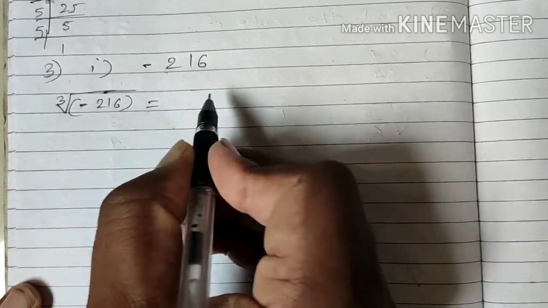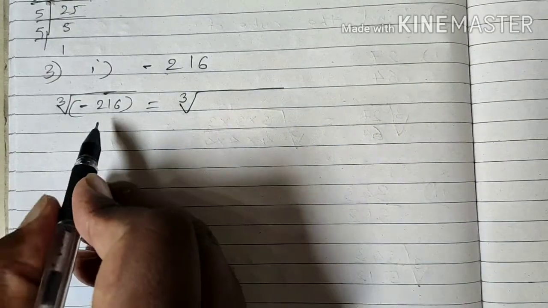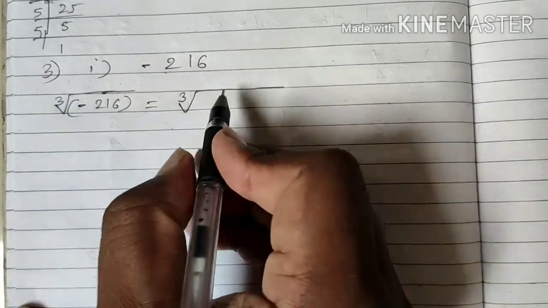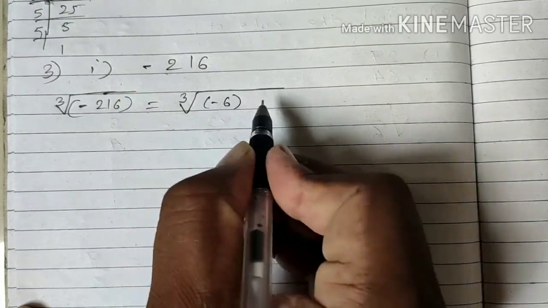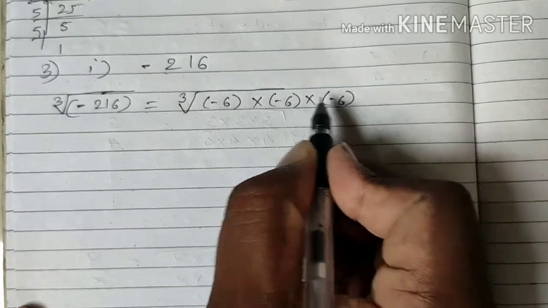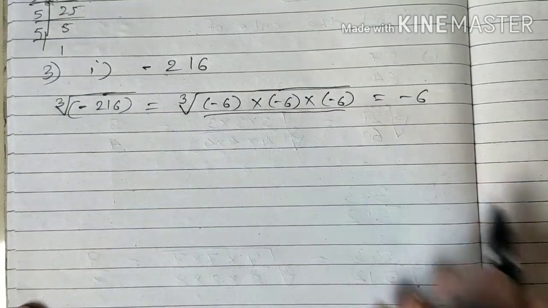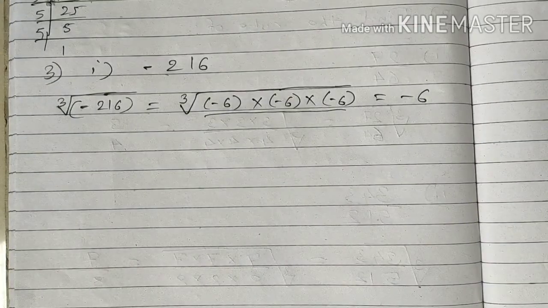Cube root of minus 216. As we know, 216 is a cube of 6. That means minus 216 will be the cube of minus 6. So the final answer will be minus 6, as the triplet of minus 6 is there. Okay.